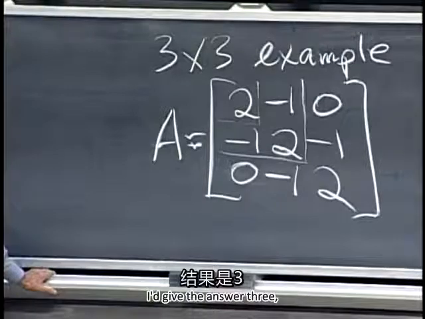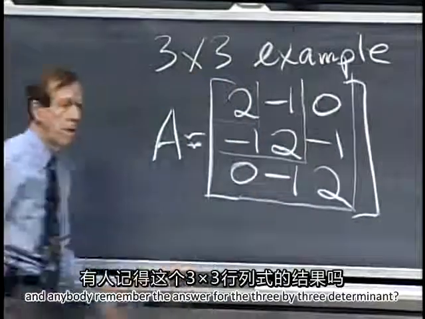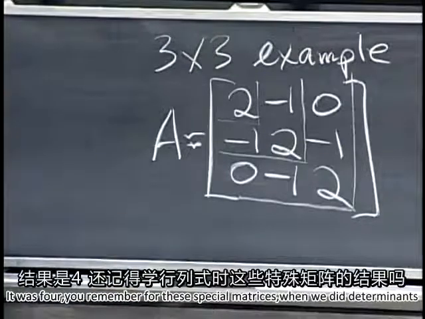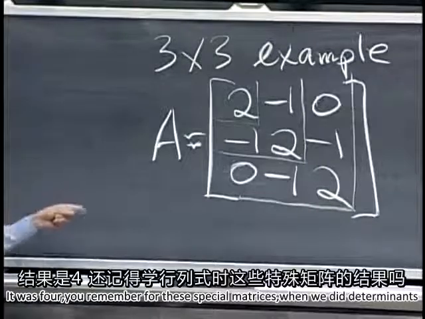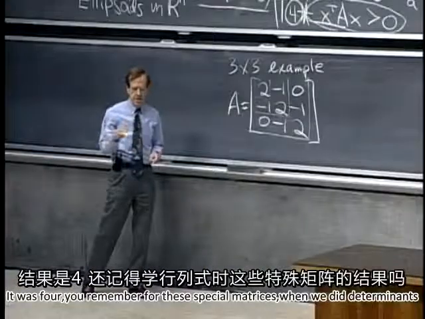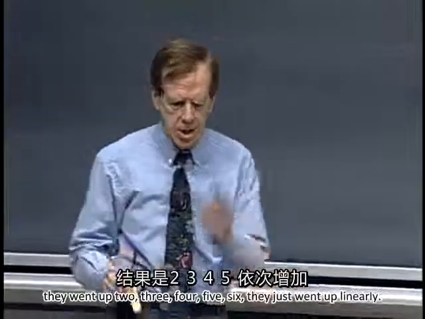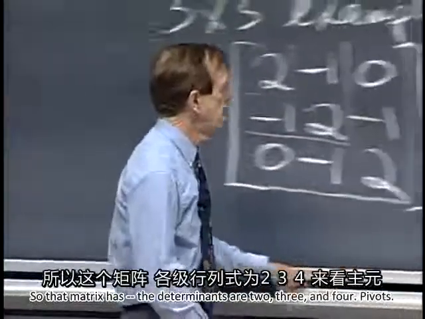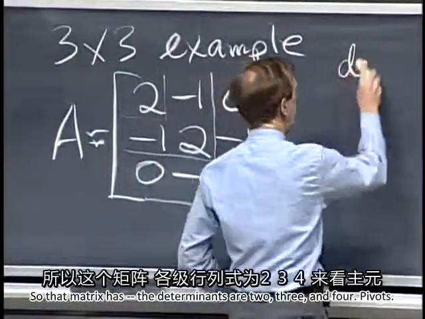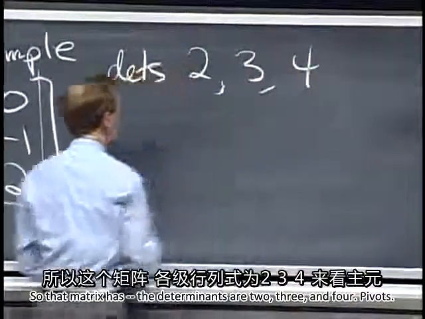And anybody remember the answer for the 3 by 3 determinant? It was 4. You remember for these special matrices, when we did determinants, they went up 2, 3, 4, 5, 6. They just went up linearly. So that matrix has the determinants 2, 3, and 4.